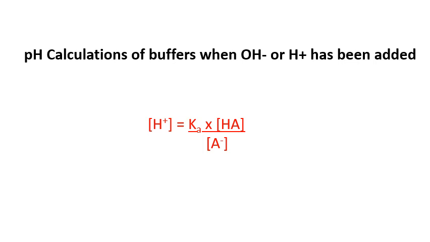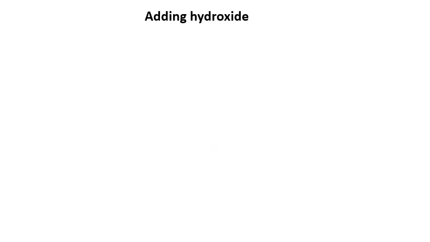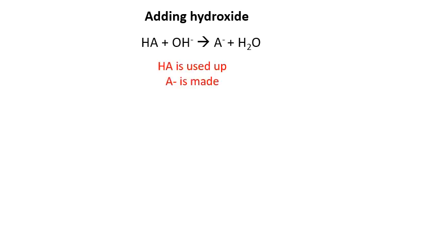So we're going to start off by looking at what happens when we add OH-. The key thing is when we add each of these things, what do they react with? If we look at what happens when we add hydroxide, that reacts with HA in the buffer. What that means is that HA is used up.